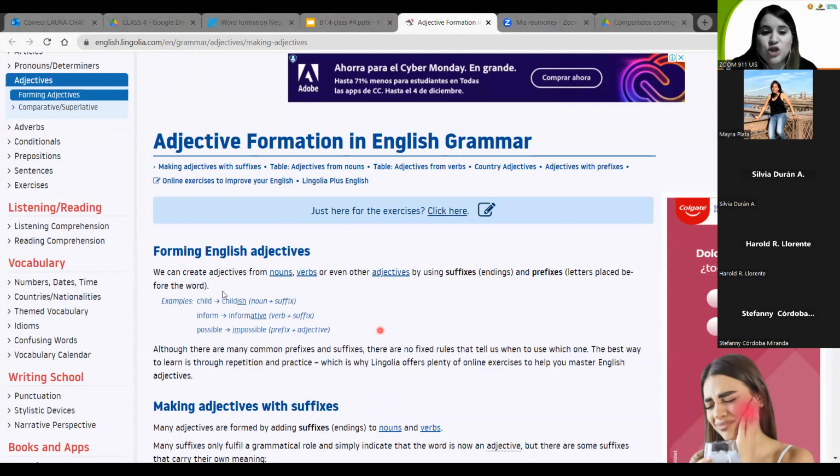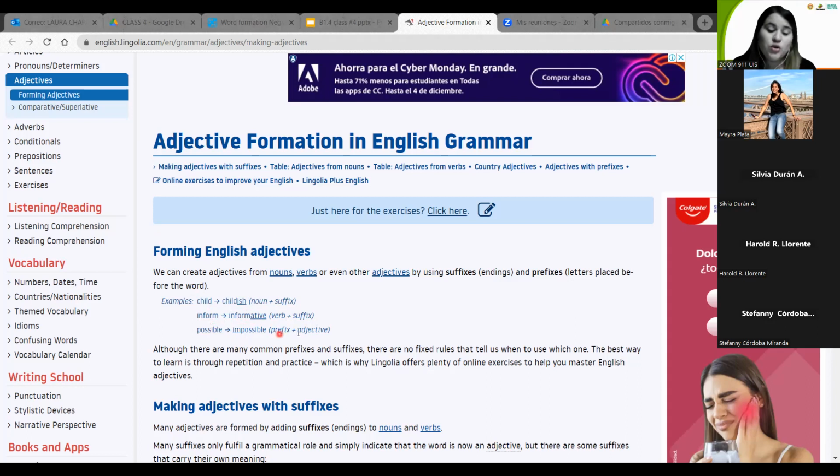For example, we have child, childish, that is a noun plus a suffix. Child is a noun, and then we add the suffix, and childish is an adjective, right? Inform is a verb plus a suffix, and it's informative, and informative is an adjective.